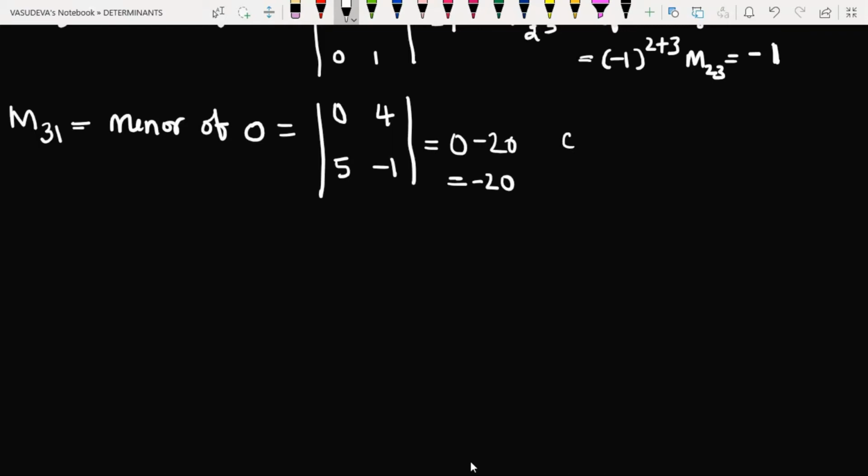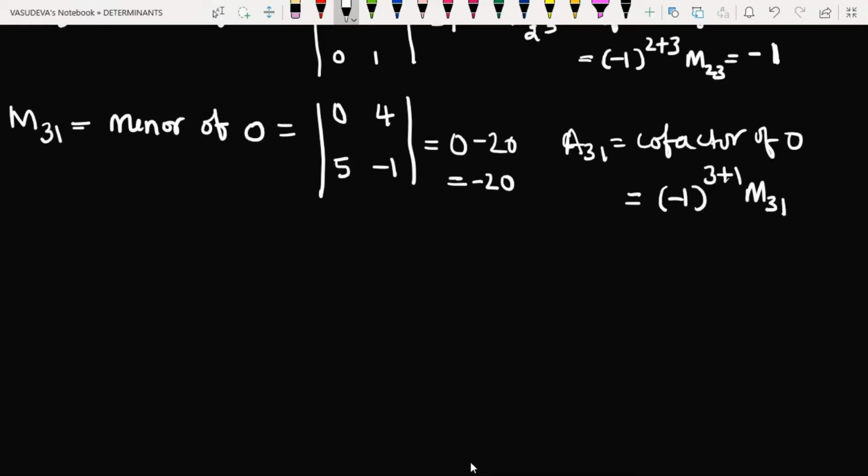Similarly, A31, the cofactor of 0, is equal to minus 1 to the power of 3 plus 1 into M31. 3 plus 1 is an even number, therefore it is plus, and M31 is minus 20, so it is equal to minus 20.